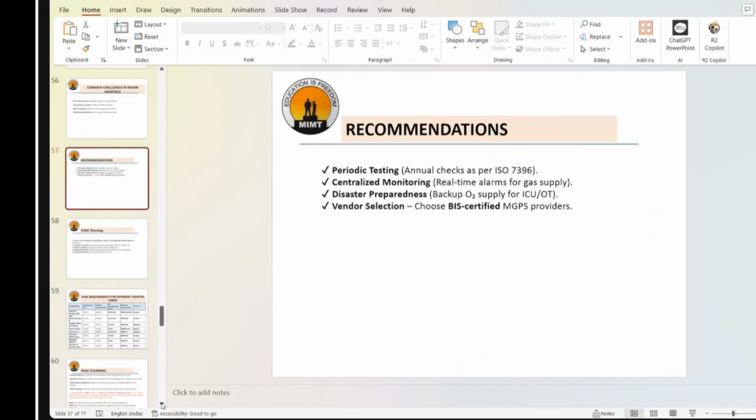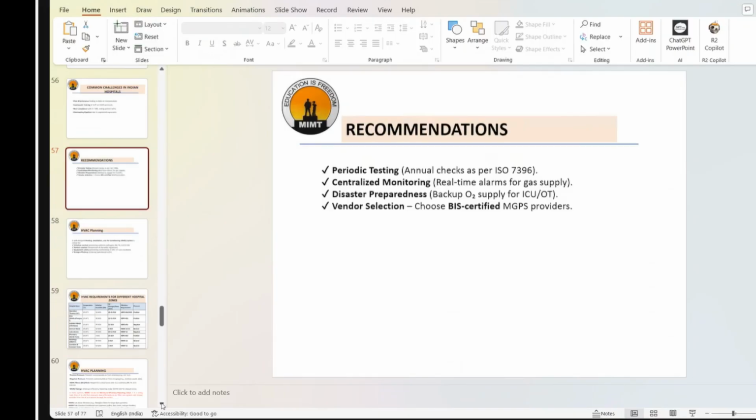Disaster preparedness, backup O2 supply for the ICU and OT. Disaster will be covered separately. It is very difficult to shift the patient from the ICU. As you know, in the ICU, most of the patients are on the support system, on the ventilator, on oxygen and all, and even in the OT also.